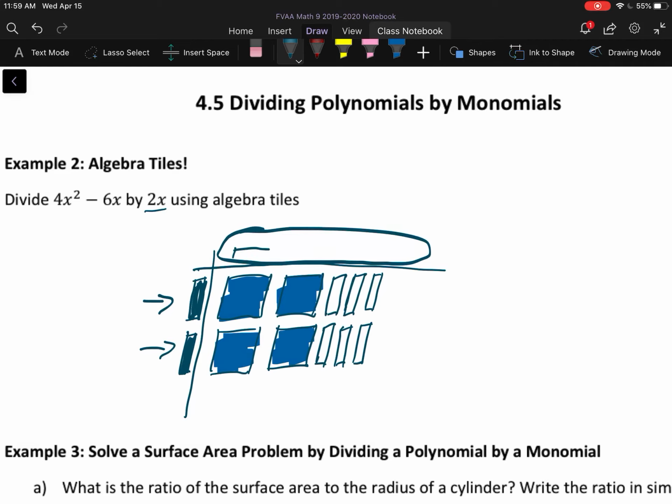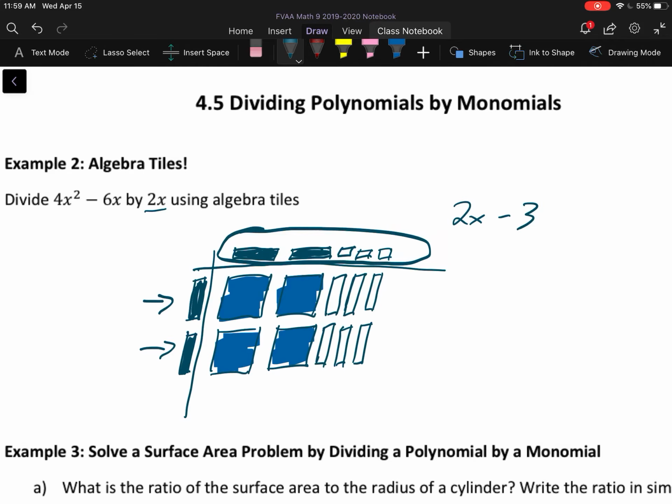So the width of my first couple tiles is a full x length. Because they're positive and the 2x is positive, these are going to be positive as well. And the width of those 6x tiles is the width of just 1. Because they're negative, those are going to be negative as well. So this gives me a solution of 2x minus 3.